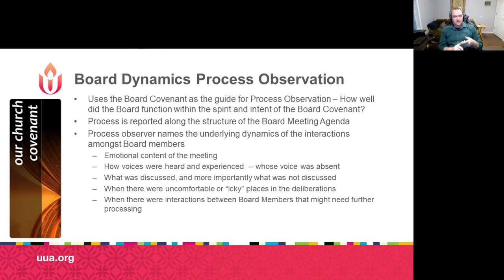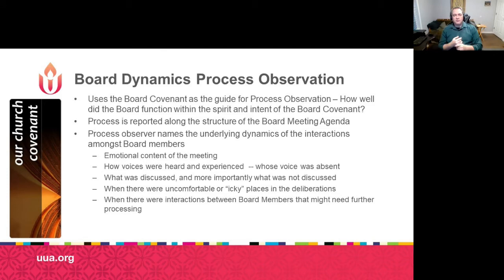There was a space over whether or not to remove the minister's report from the consent agenda, where there was some tension in the room between the minister and the vice president. And the process observer would name that. There was a space in our discussing the Religious Education Committee's budget allocation request where two board members appeared to be holding back tears.